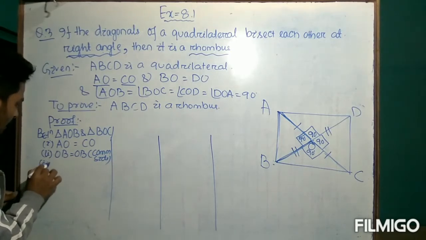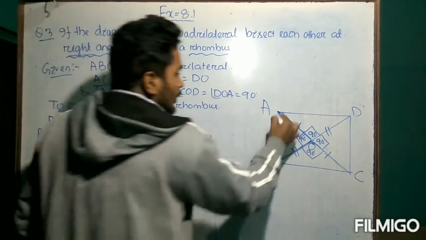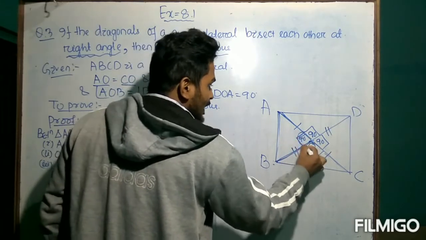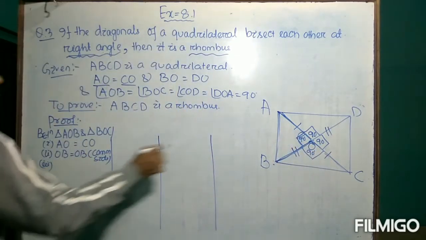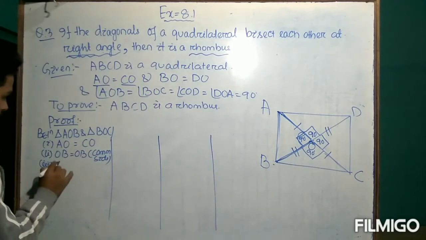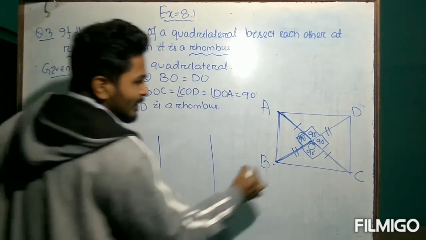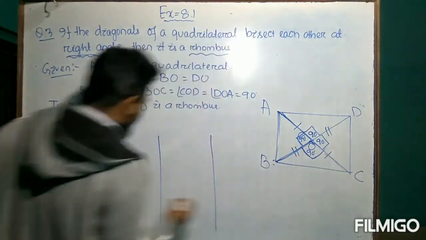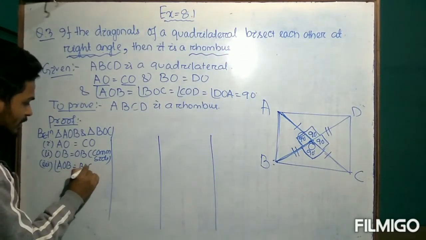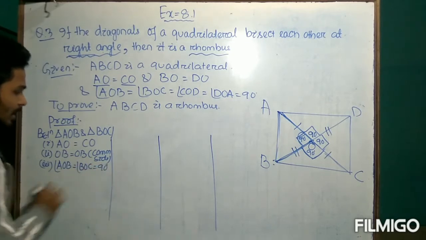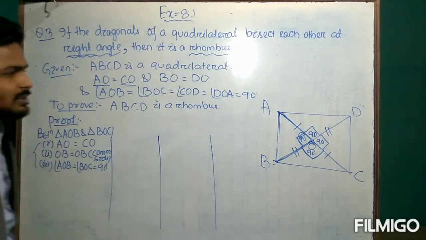Third condition, for triangle AOB, this angle AOB is 90 degrees, and also for triangle BOC, angle BOC is also 90 degrees. Understood? So we have found 3 conditions here.